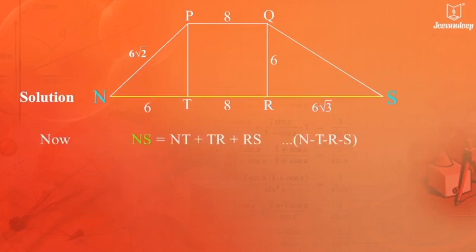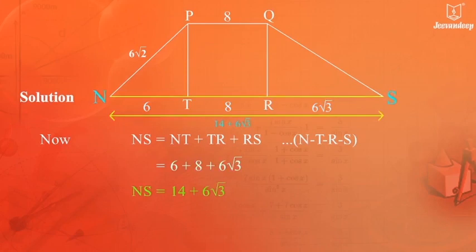Now, NS equals NT plus TR plus RS, NTRS being one straight line. Keeping the values of NT, TR and RS, we get 6 plus 8 plus 6 root 3. Thus, the value of NS is 14 plus 6 root 3.